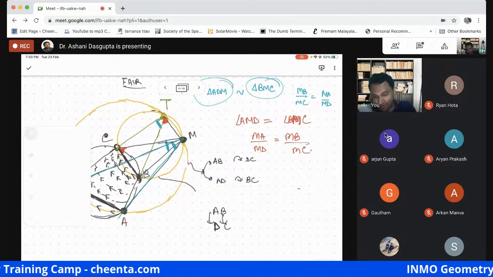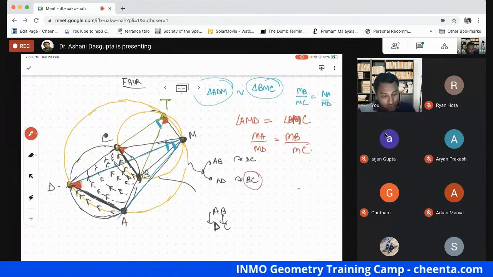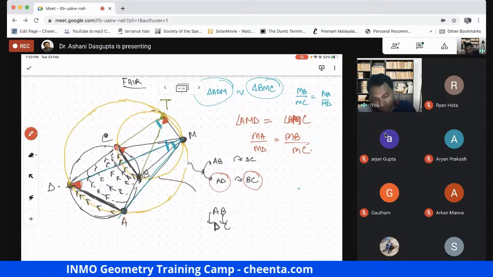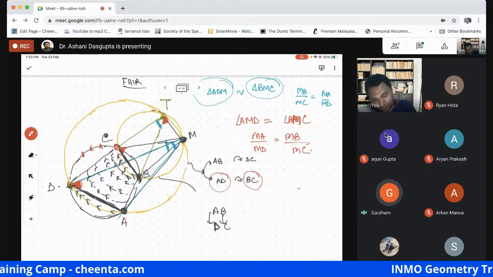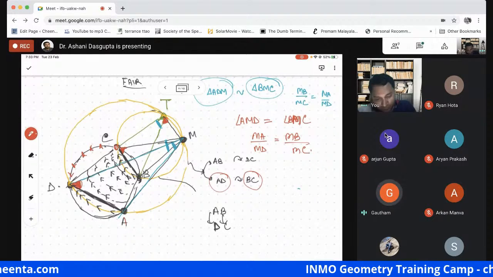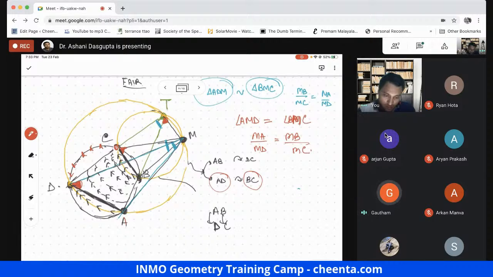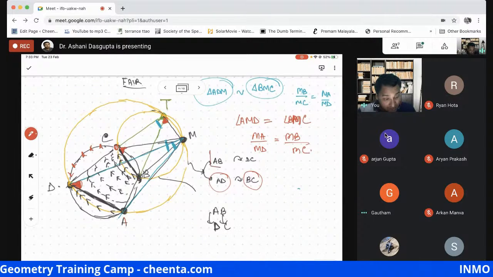The next thing that I'm saying is this, BC to AD. Why? Because this is the other flow line that you should be thinking about. No, sir. What I asked is, it looks like the exact configuration that we just proved is AD to BC, not AB to CD or AB to DC. Okay, so you're saying this is not what we proved.